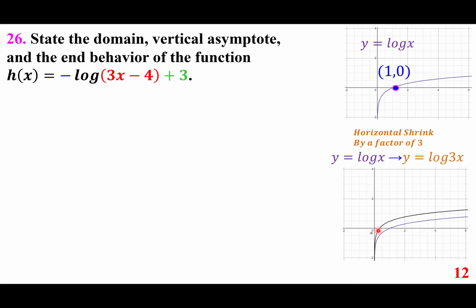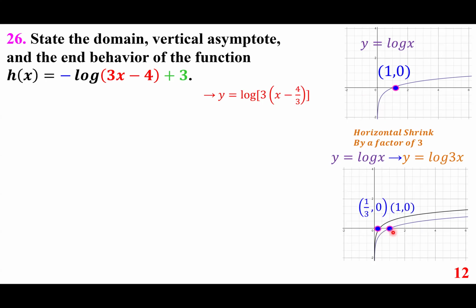So this is the graph. We originally had it at (1, 0), the x-intercept. Now it's gone to (1/3, 0). Okay, so that's log of 3x. Now, when we look at this one here, we are going to factor the 3 out. We get log of 3 times (x minus 4/3). And the reason we do that, because this tells us that it has been shifted by 4/3 to the right.